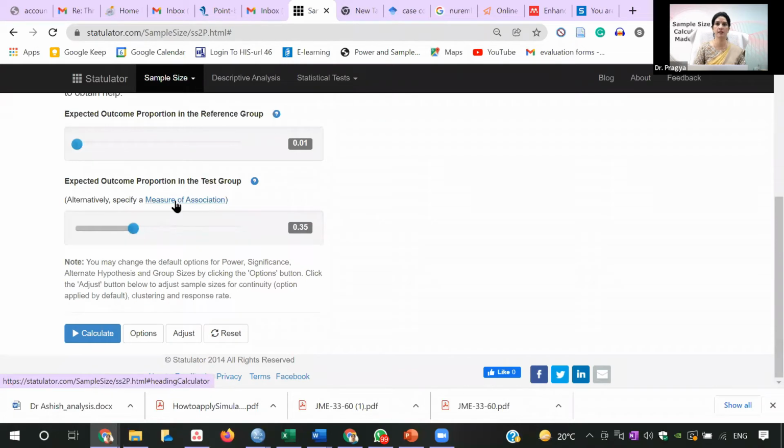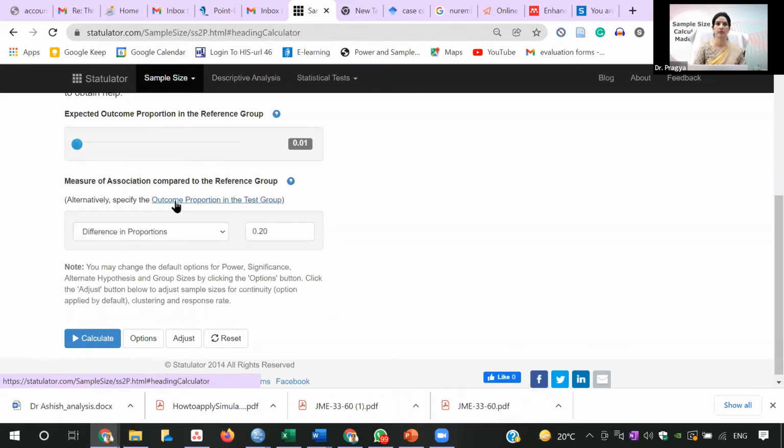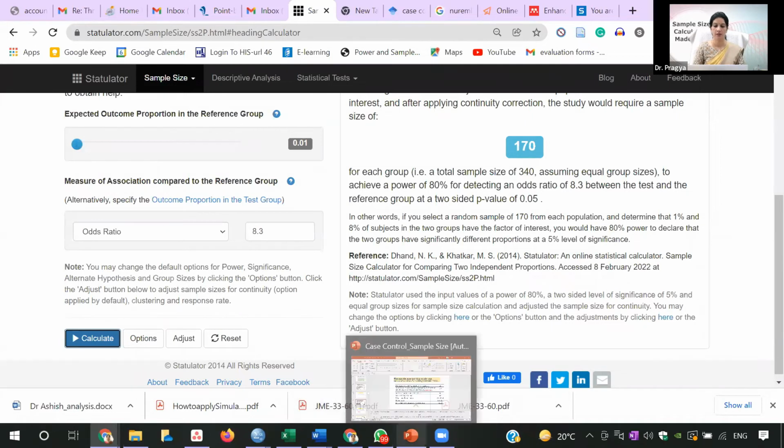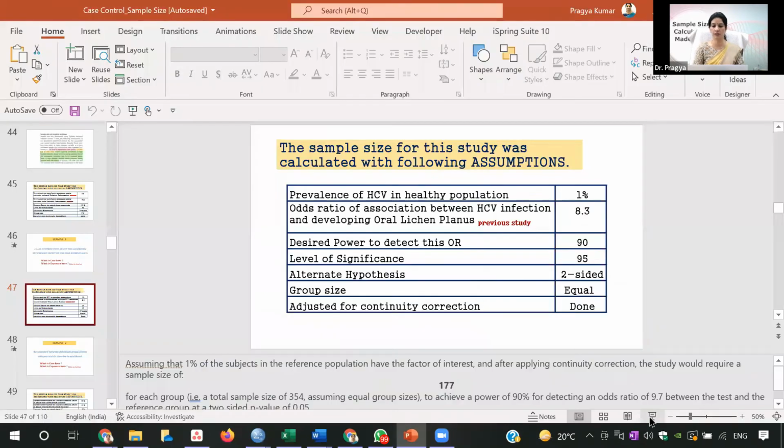Instead of the difference in proportion, I will use the odds ratio, which in this case is 8.3. So I'll type 8.3 here and calculate. The required sample size is 170. So we take 170 cases and an equal number of controls. This will be the required sample size for this calculation if we are using this odds ratio.